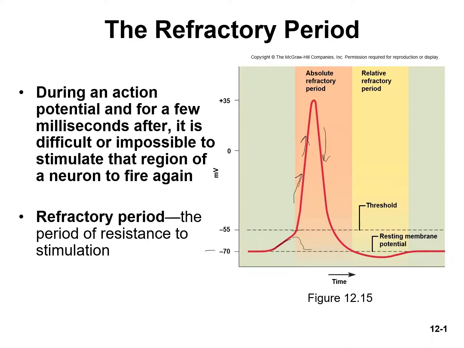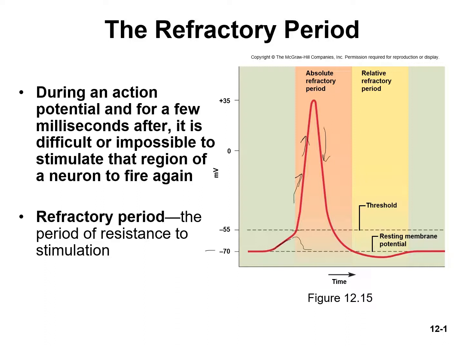And remember that a neuron itself can have multiple action potentials occurring basically simultaneously, but we're talking about a very localized area. So a particular area of an axon has what's known as an absolute and a relative refractory period.